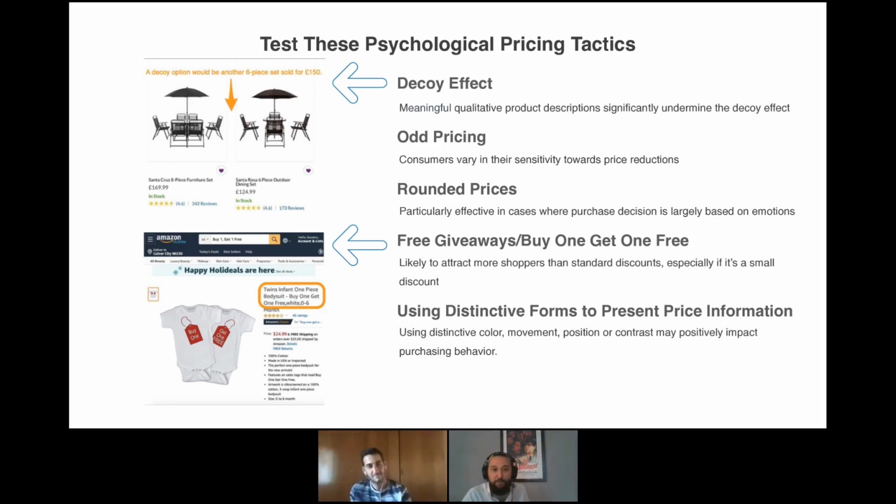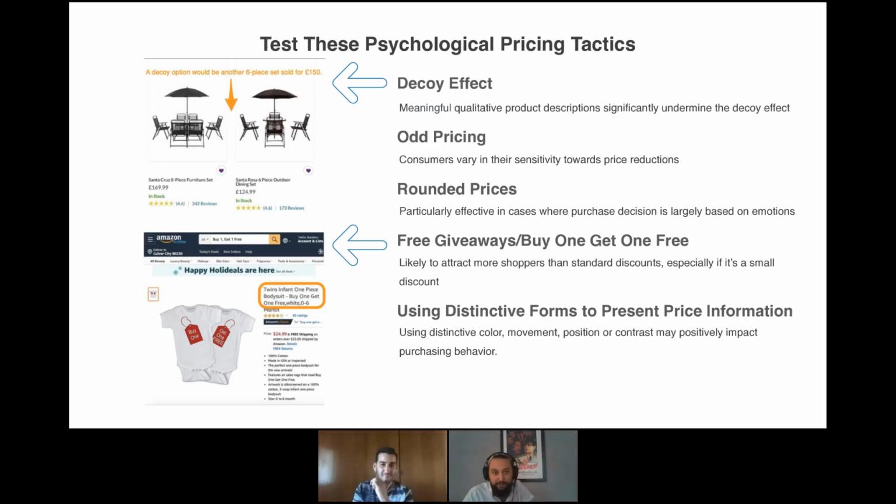And as the opposite of odd pricing, you can talk about rounded prices as well. Let's say you have a product priced at $9 or $9.5, but instead of the odd pricing strategy, you just put a $10 price, and it's really attractive for impulsive buyers, because they might just think, okay, what the hell, I'm just gonna buy it.